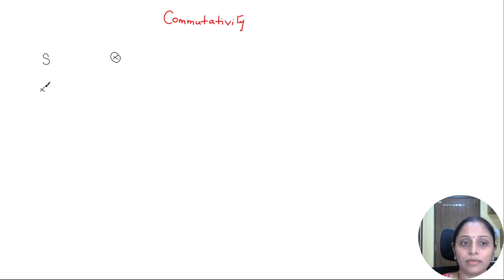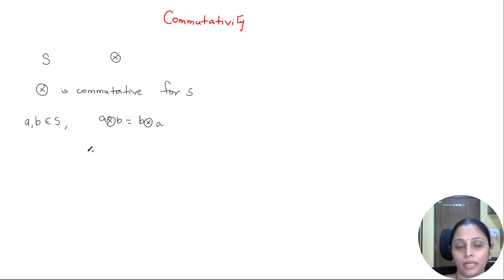We say that the given mathematical operation is commutative for the given set S whenever for any A, B belonging to the set S, A operation B is equal to B operation A. I repeat, we say that a mathematical operation is commutative for a set S whenever for any A, B belonging to the set S, A operation B is equal to B operation A, right?